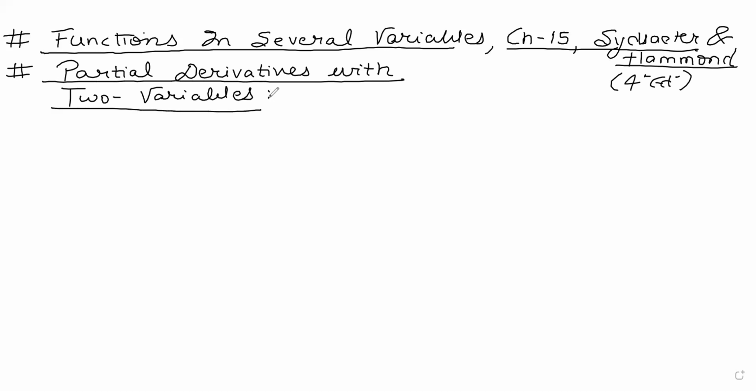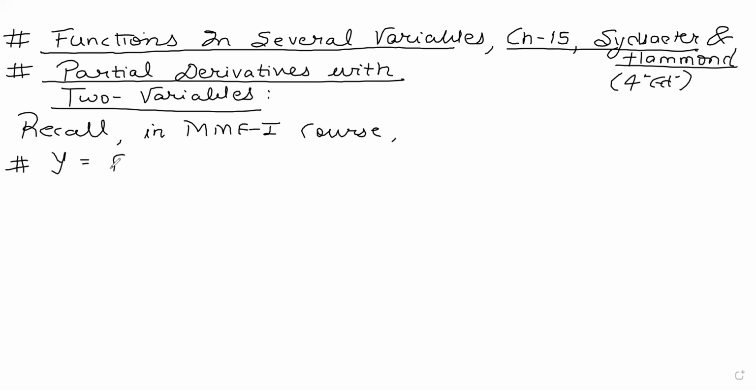Now, all students can recall that in my Mathematical Methods for Economics Part 1 course, when we had y as a function of x, in the MME1 course, dy by dx is the first order derivative.